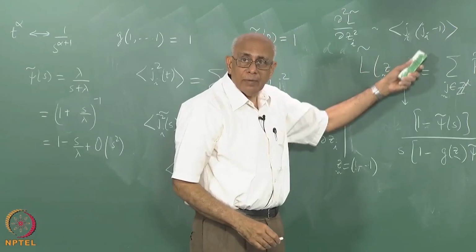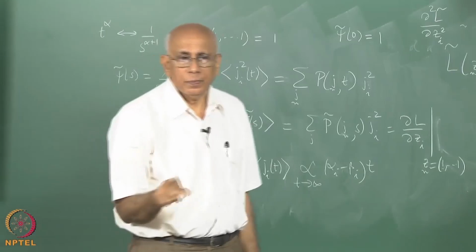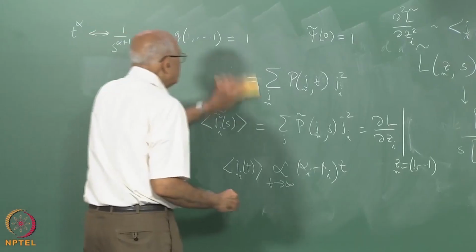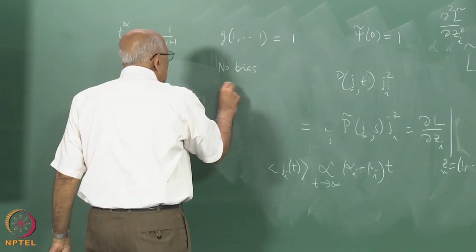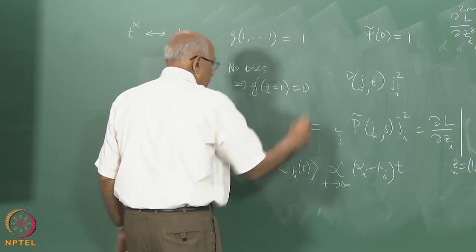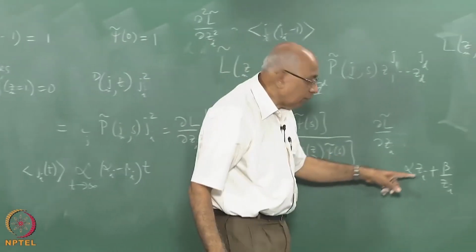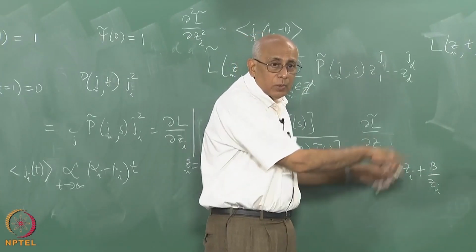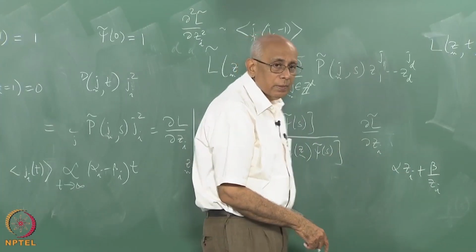But that is ji squared average minus ji average, but if there is no bias, ji average is 0. What does that imply? It says, remember this, no bias implies g prime of z equal to 1 equals 0, because each time you differentiate this fellow you get alpha minus beta over z squared, but if alpha equals beta, this is 1 minus 1 over z squared, you put z equal to 1, it goes to 0, right.